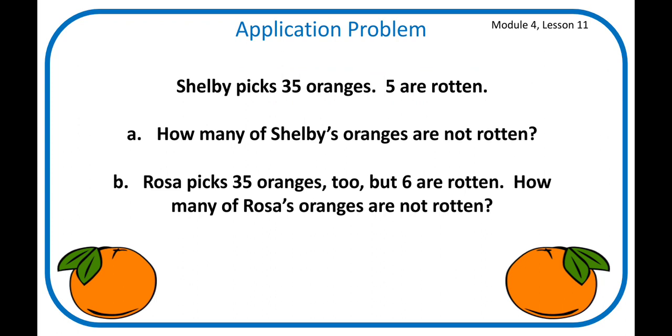So for Shelby's oranges, remove 5 from 35. So the ones that are not rotten are 30. While from Rosa, remove 6 from 35. You have 29 oranges. So for Rosa, the oranges that are not rotten are 29 oranges.